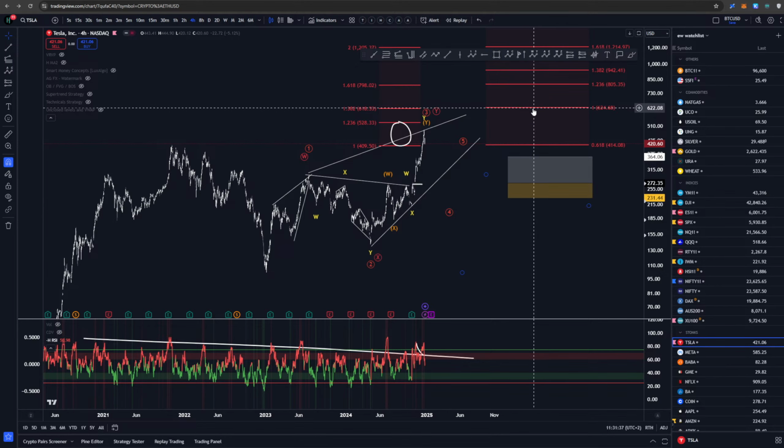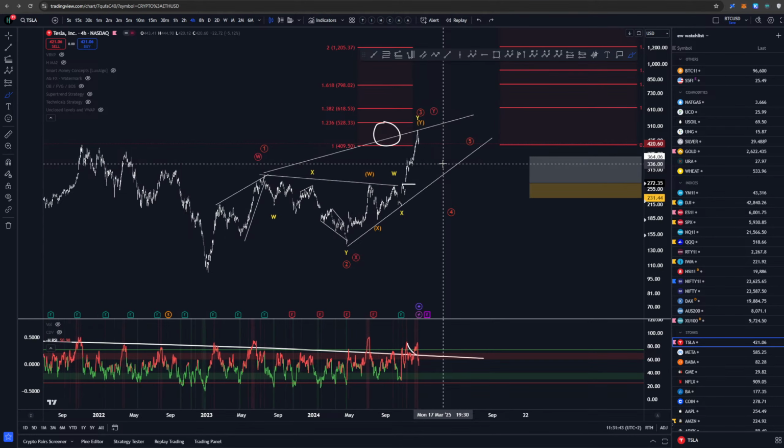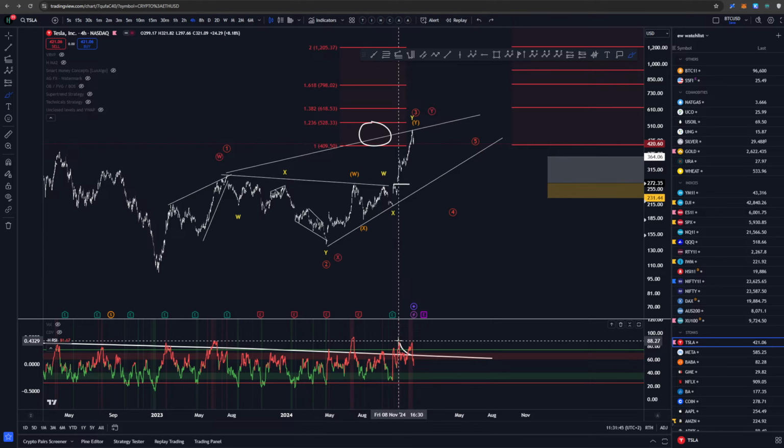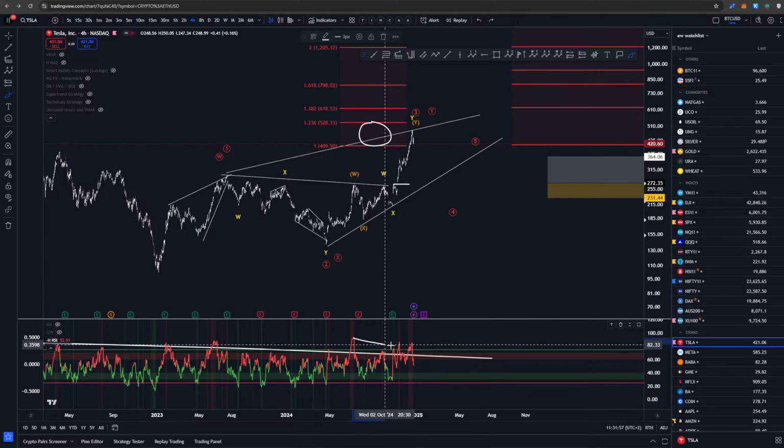Yeah, the thing is, I think we need to be waiting for this one-to-one to be hit on Tesla at least. There is some divergence already forming just with regular TA. There was divergence previously as well on this lower structure here, and there are massive divergences here.